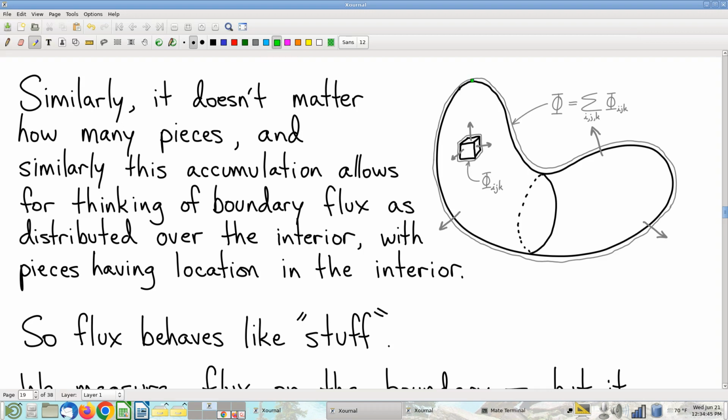If I were to ask how much of this boundary flux that I, of course, compute on the boundary, how much of that boundary flux is happening on this boundary. It's tempting to say, what a preposterous question.